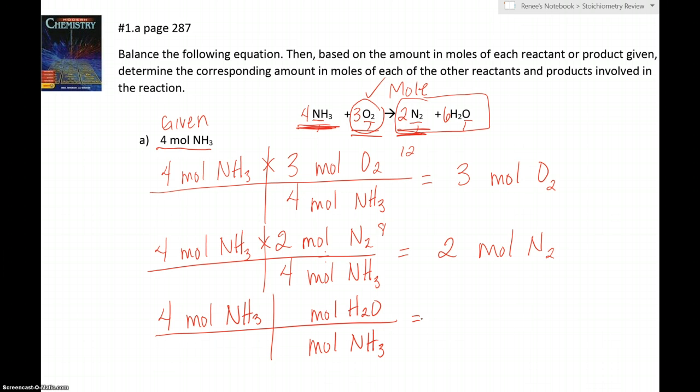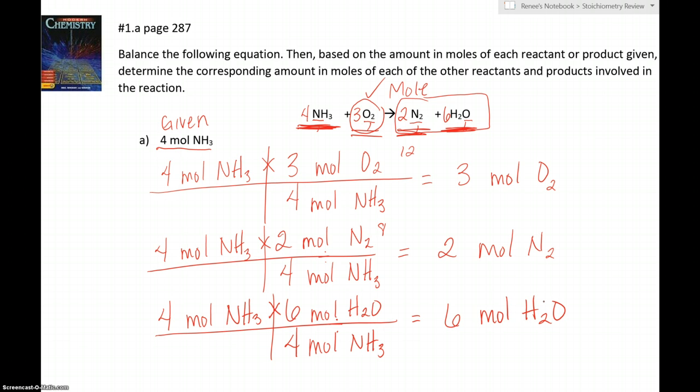Again, pull from the balanced chemical equation, and we've been using moles of ammonia this whole time, so I added 4. And then for water, we have 6 moles of water. If we do this calculation, 4 times 6 divided by 4, we should get 6 moles of water.